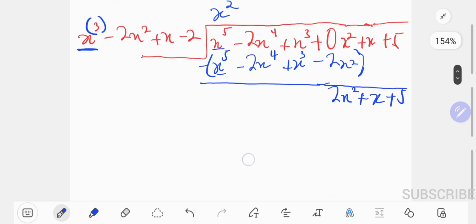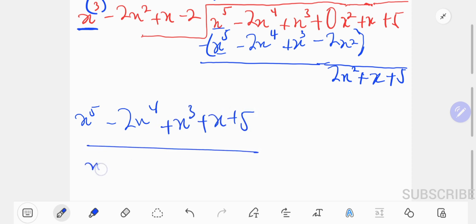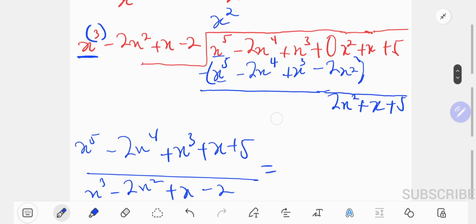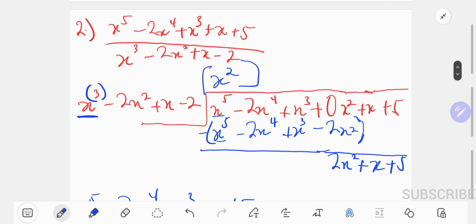Okay, so our original fraction in the question, which was x power 5 minus 2x power 4 plus x cubed plus x plus 5 all on x cubed minus 2x squared plus x minus 2, becomes quotient. The quotient is what we had over here.